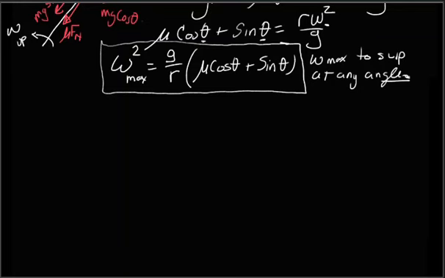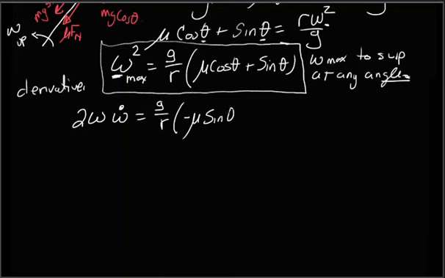Now our desire here is to find the maximum for this, so let's take the derivative of both sides, in which case we'll get 2 omega times omega dot is g over r, negative mu sine theta plus cosine theta, and the derivative will set omega dot equal to 0 for a max or min condition.